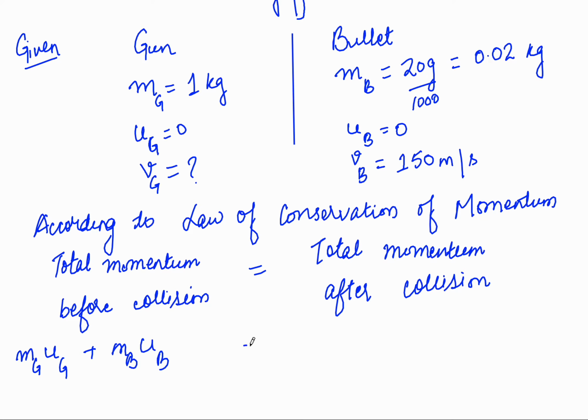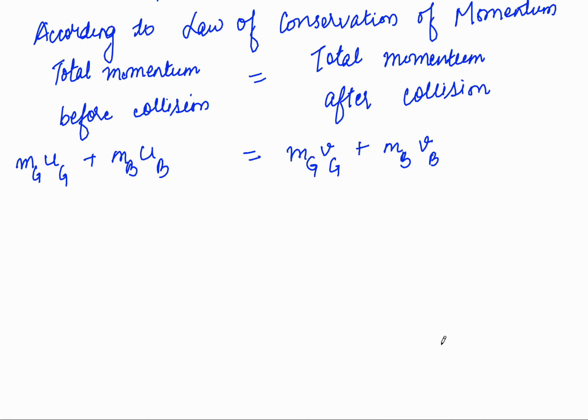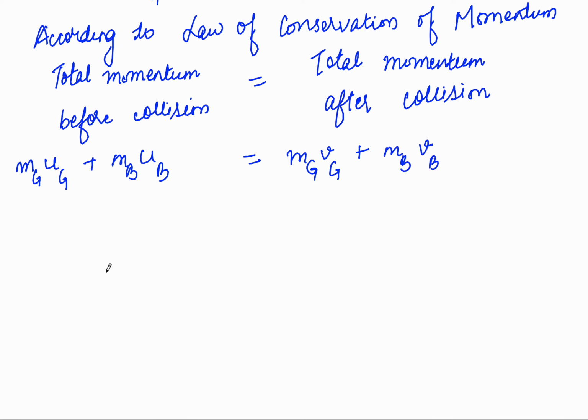This is the sum of initial momentums. Now, if I want to write down the final momentum, I'll write mass of the gun, which is not going to change, into the final velocity of the gun, plus mass of the bullet into final velocity of the bullet. Now let's put the values and we will be able to find the unknown one.